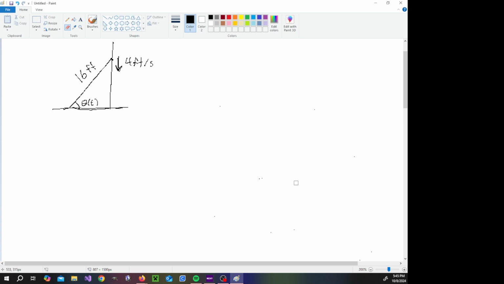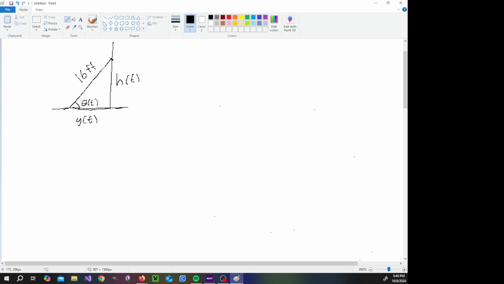We're going to identify and give names to some of these parts. So this side of our triangle, I'm going to call h of t, like how high the ladder is. And I don't know a better name than this. I'll call this g of t, the length on the ground.